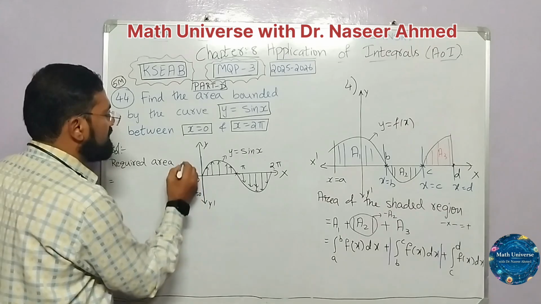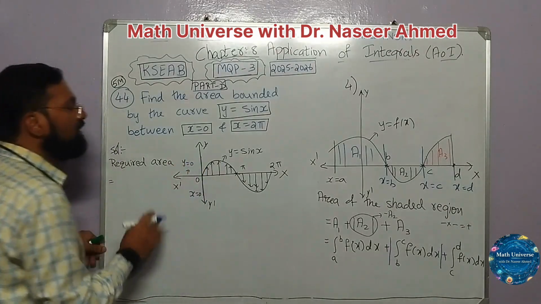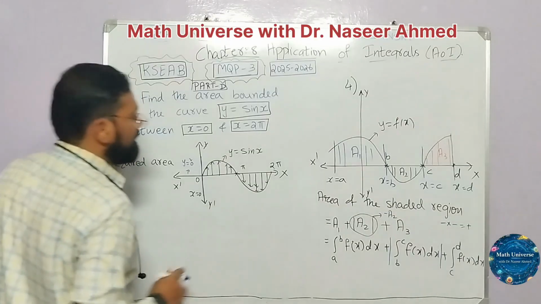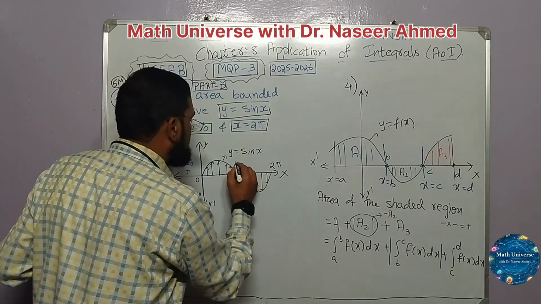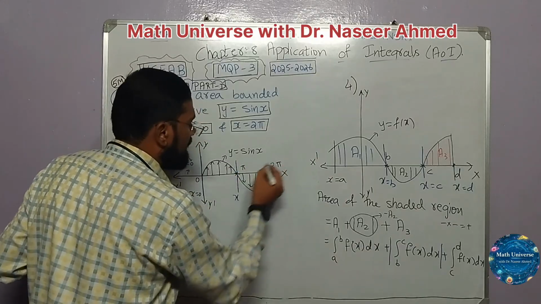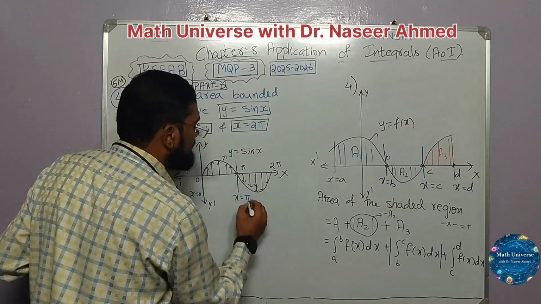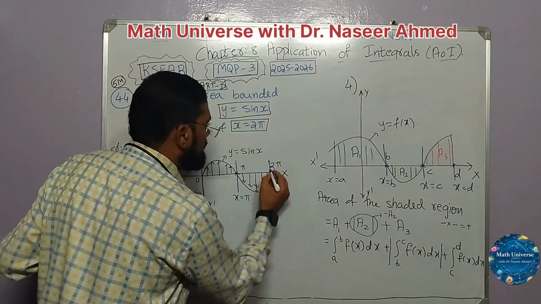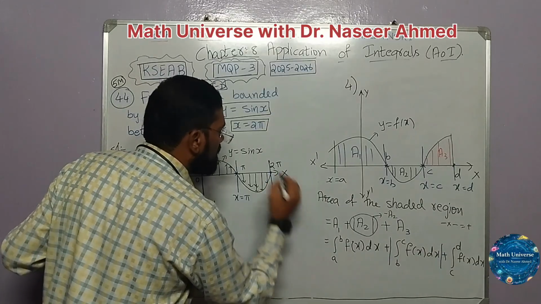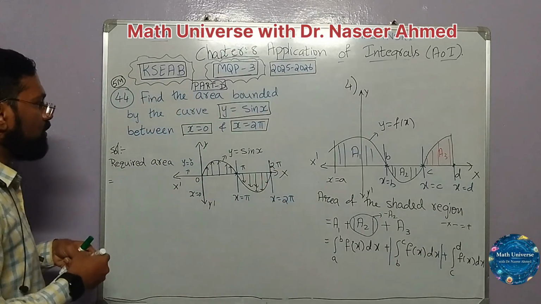Just for curiosity, this is y is equal to 0. For this problem we are not going to use this, but just for knowledge sake. Now there is a point of intersection. Again draw a vertical line here, and since this point is pi comma 0, the vertical line is x equal to pi, and lastly here it will be this point, x is equal to 2 pi. So let us start one by one.